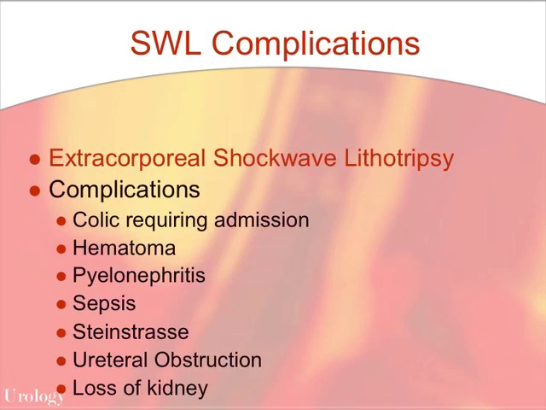Now, some of the complications listed in the literature include renal colic requiring readmission, hematoma formation, pyelonephritis, sepsis, Steinstrasse, ureteral obstruction, and potentially loss of the kidney. In the AUA meta-analysis that was performed in 2005, they quote an overall complication rate of about 20 to 50%.